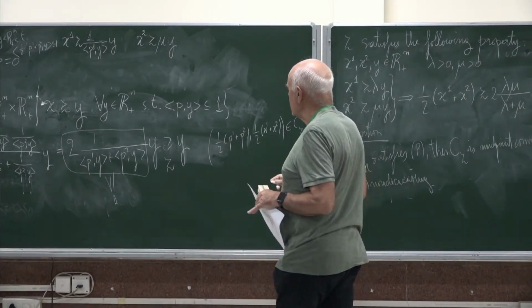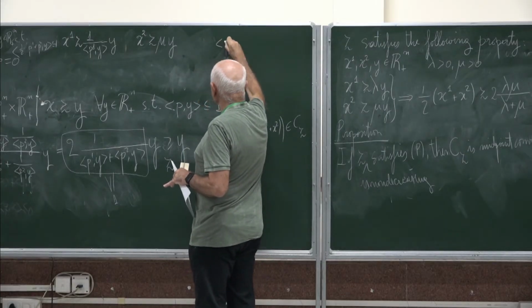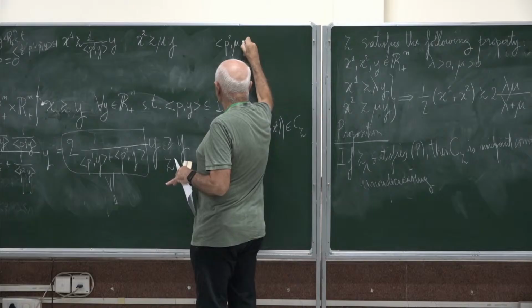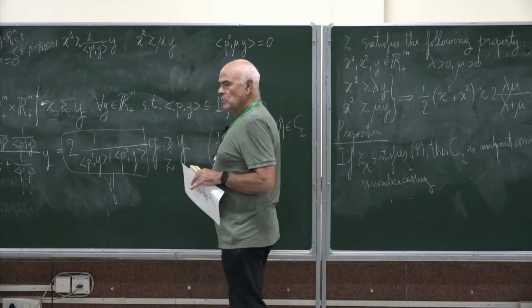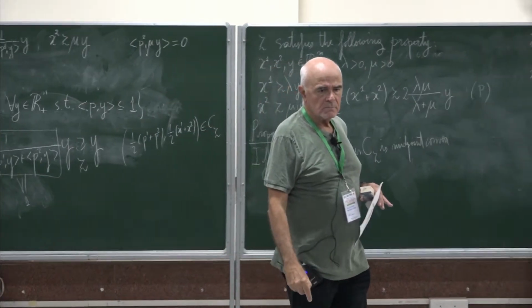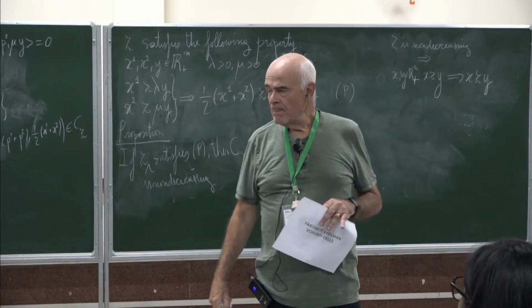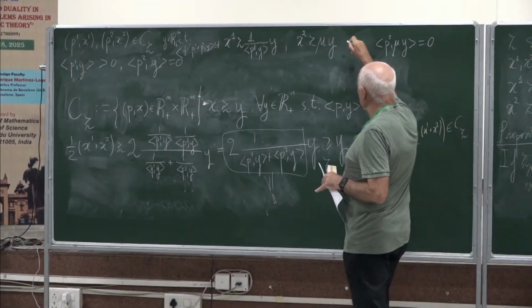I think for every mu, no? Because if you compute P2 mu y, then this is 0 because P2y is equal to 0. No? Then this is true for every mu.